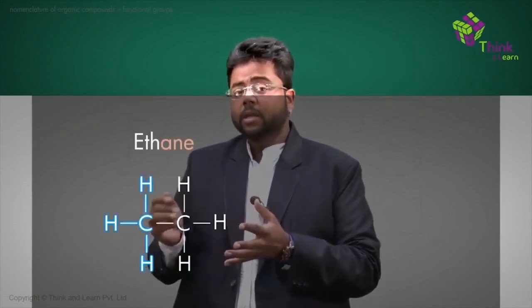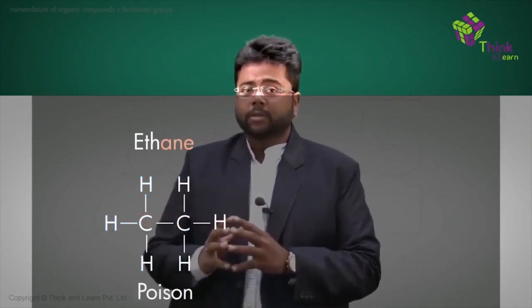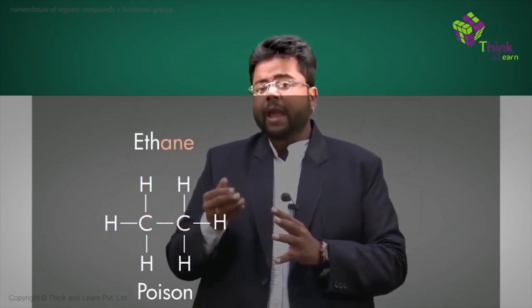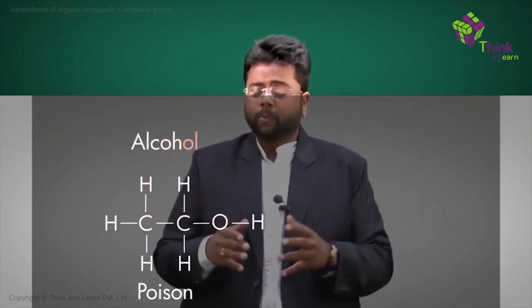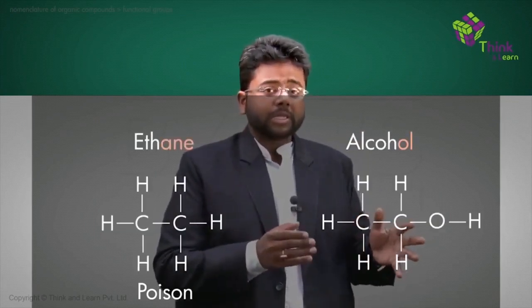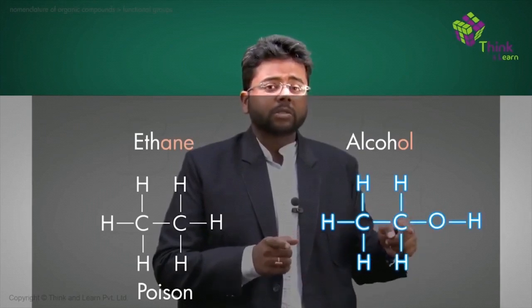Now, if I take one more example, I have ethane, which is CH3, single bond CH3. Now this is a poison, yes, but let me add one oxygen to one of the bonds between carbon and hydrogen. So I get something like this, which is CH3, CH2, OH. Now what is this?